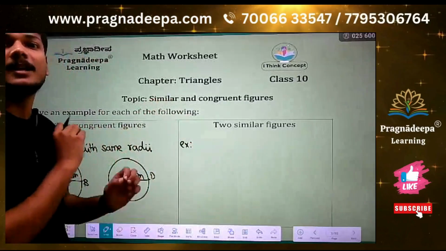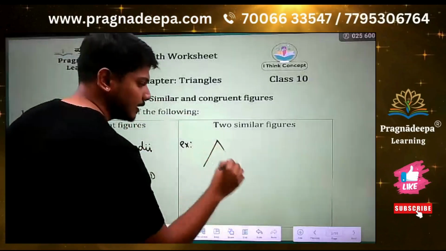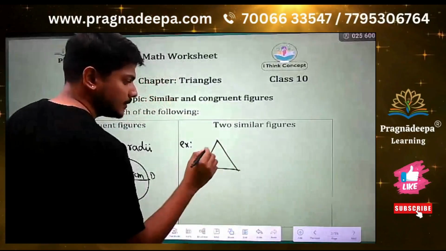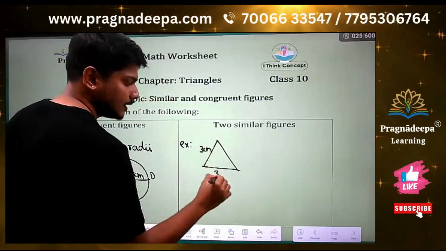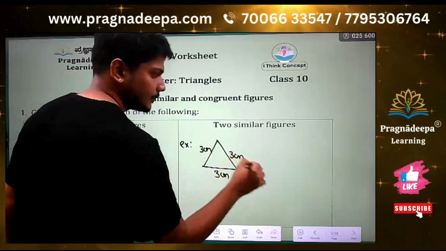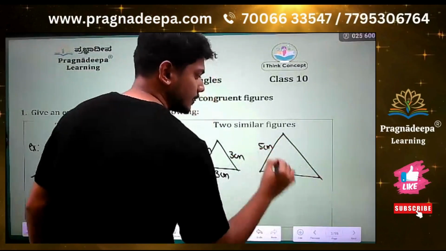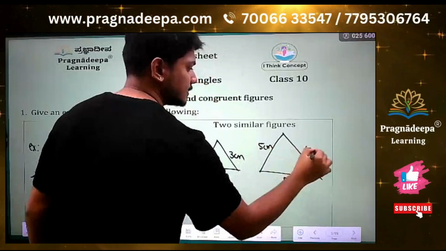All equilateral triangles are similar. Equilateral triangle with different measurements: 3 centimeter, 3 centimeter, 3 centimeter, and 5 centimeter. All equilateral triangles are similar.